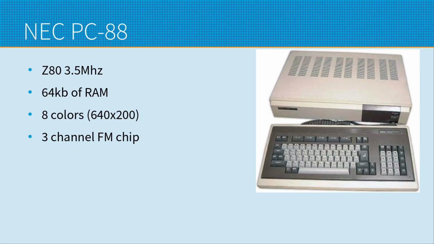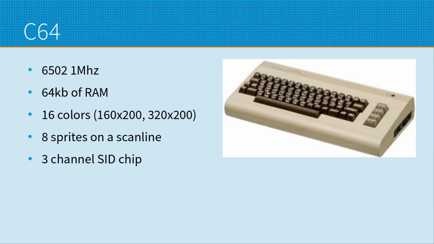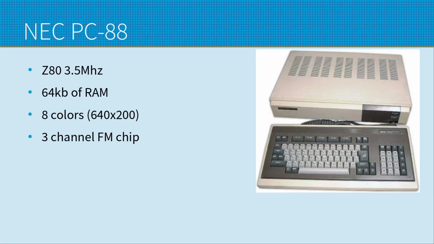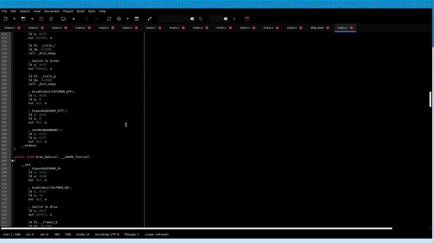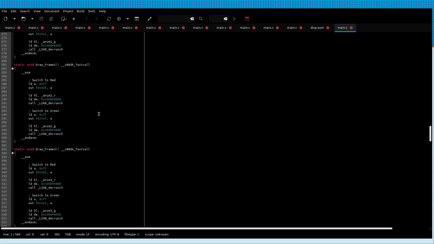Despite that, I kid you not, despite the much larger amount of data to update, because I believe the video RAM was 32 kilobytes large. Let me check on that real quick. So I'll show you the code for it. This is how the NEC PC-88 code looks.